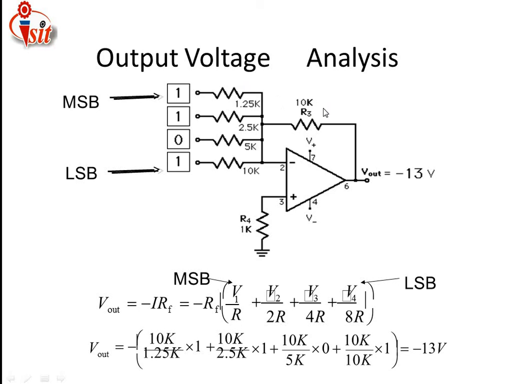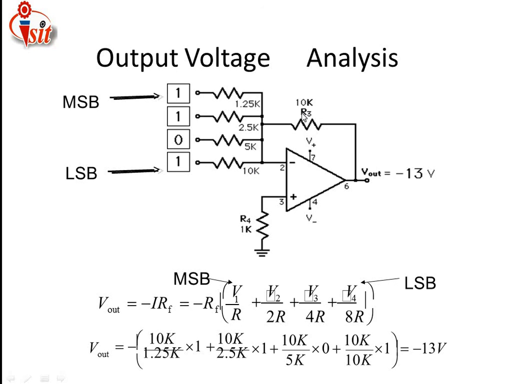Apart from this, the reference voltage is connected here through R3 in series with the parallel connection of these 4 resistors. As we know, in every circuit, the feedback resistor we connect has a much higher value in comparison with the other resistors present in the circuit. The greatest resistor connected in this circuit is 10k.